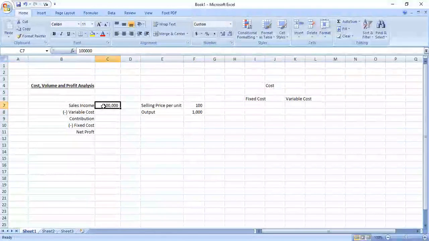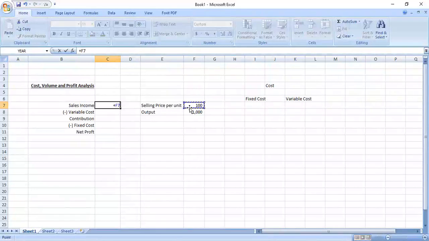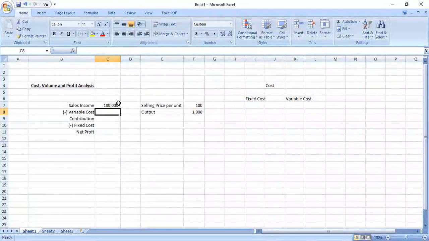Then only you can get 100,000. 100 is for one unit selling price, and you sold 1,000 units. So your total sales income is 100,000 during the year.